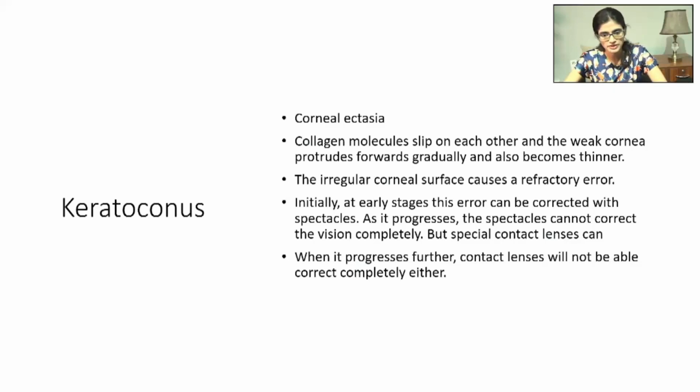It is a progressive disease and generally bilateral. What happens is that the corneal collagen is not stiff enough to withstand the eye pressure. So, it gradually becomes thinner and protrudes outwards, producing a cone-like shape to the cornea.